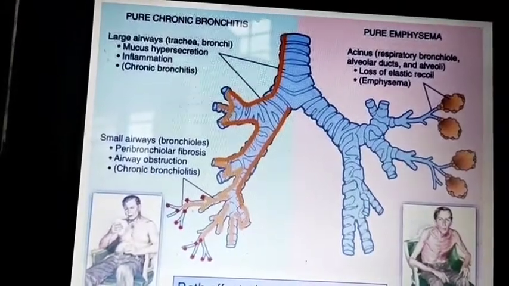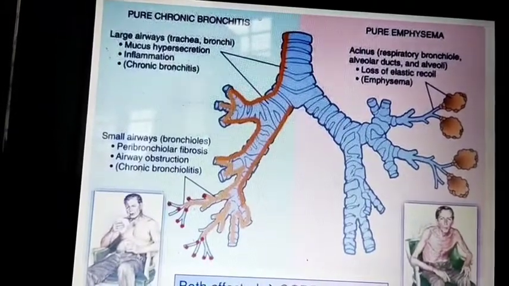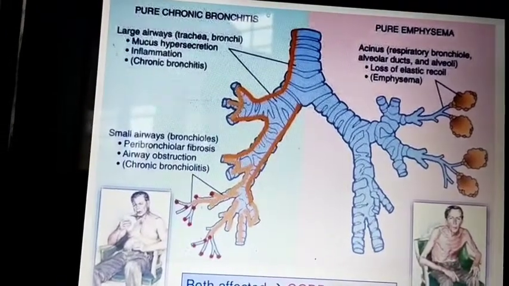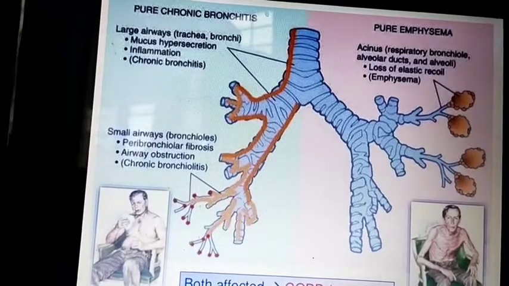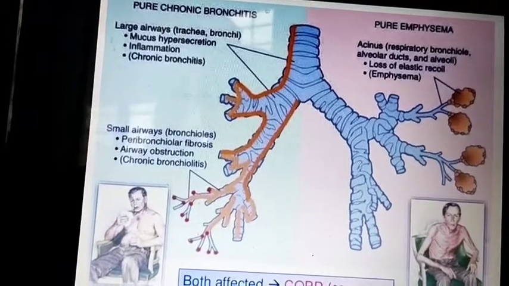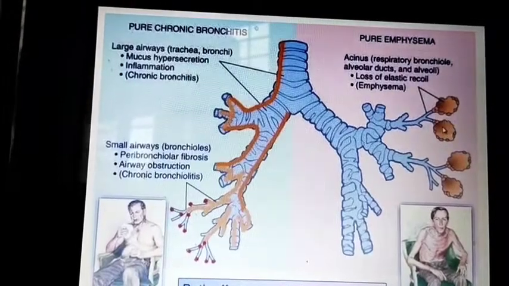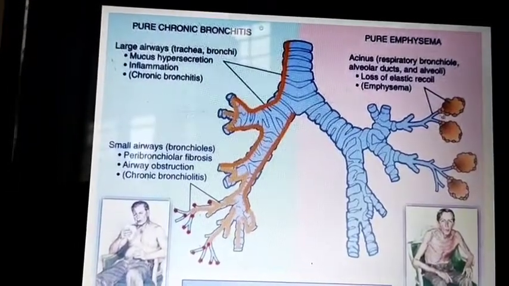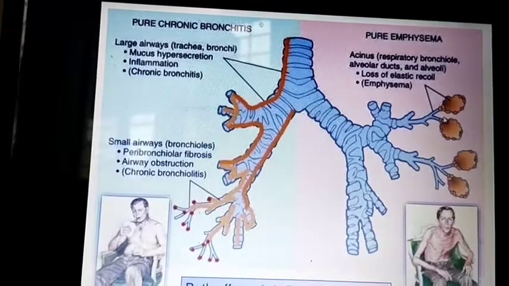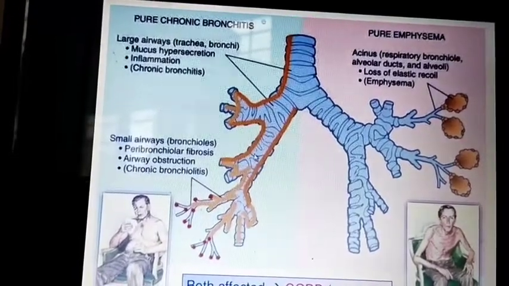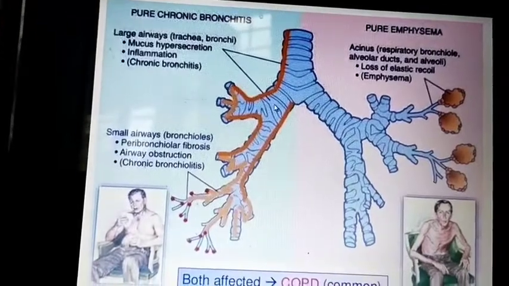Because of that, there is permanent dilatation of the alveoli. That is called emphysema. So emphysema occurs in the acinus, and bronchitis and bronchiolitis occur in the bronchi and bronchioles.